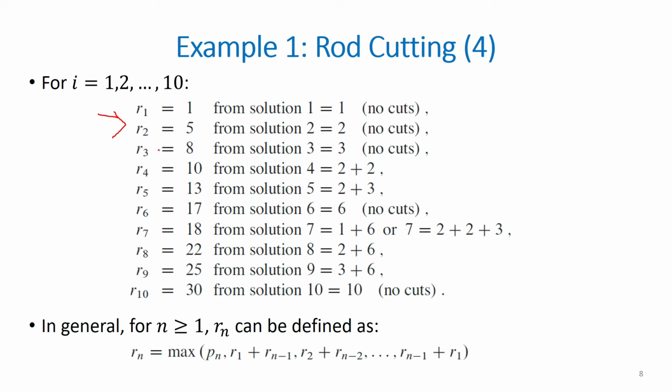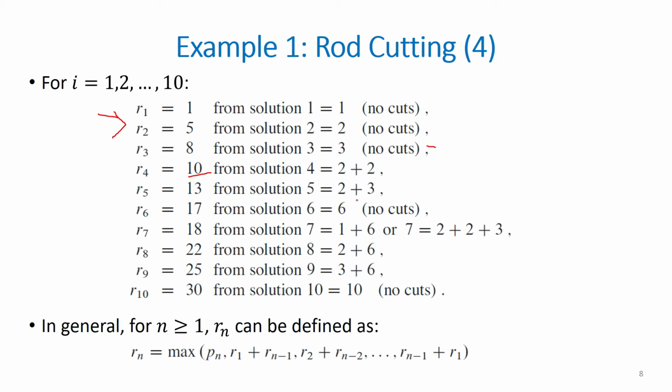For a 2-inch rod, the optimal cost is $5 and does not involve any cutting. The same is for a rod of length 3 inches. For n equal to 4, we see that R4 is equal to 10 and is obtained by cutting the rod once into 2 halves. So i1 is equal to i2 is equal to 2 inches, each costing $5.